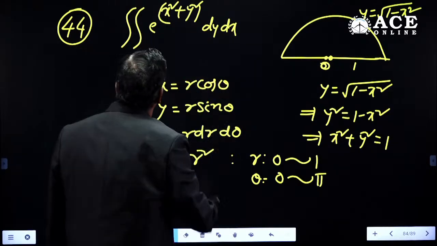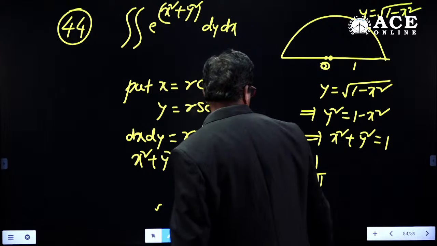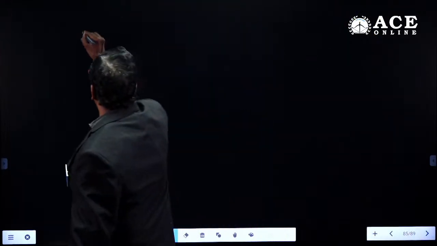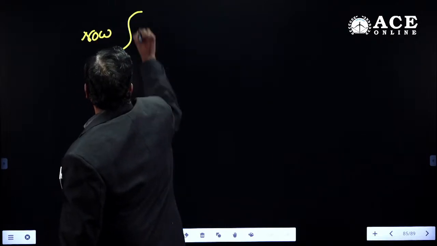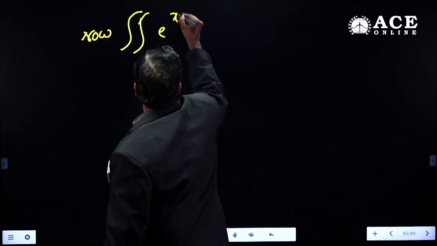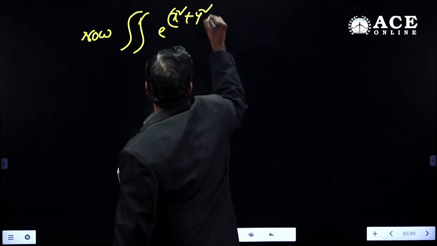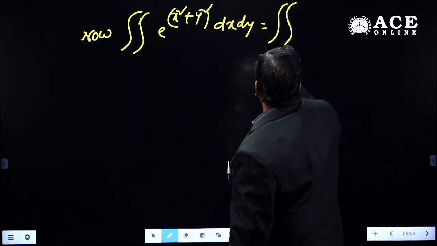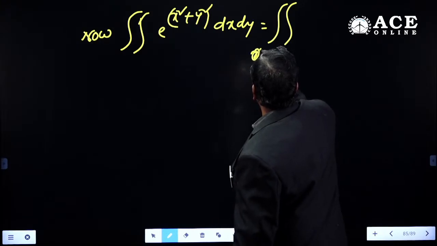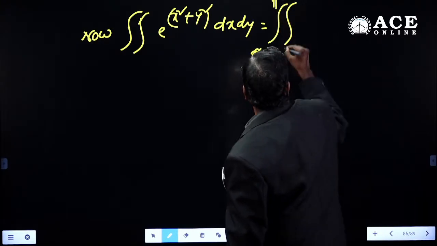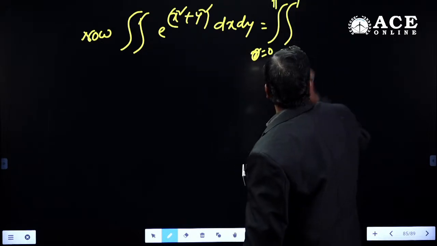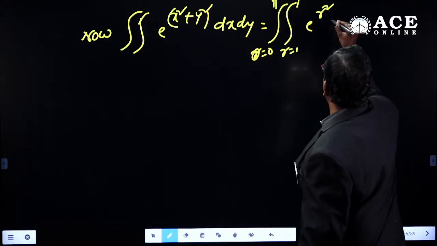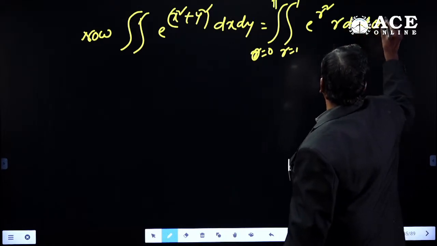Now the complete transformation: the double integral of e raised to x square plus y square dx dy is nothing but the double integral with theta varying from 0 to pi, r varying from 0 to 1, e raised to r square, and dx dy is r dr d theta.